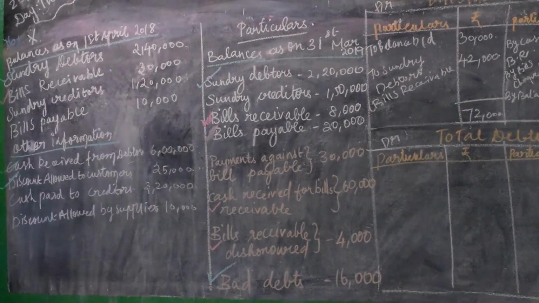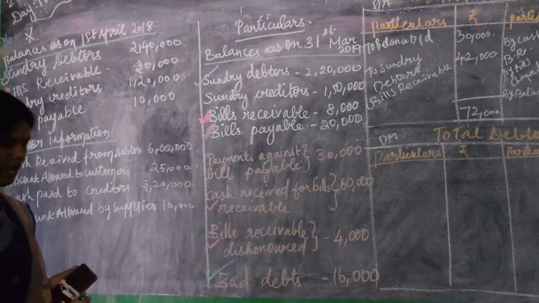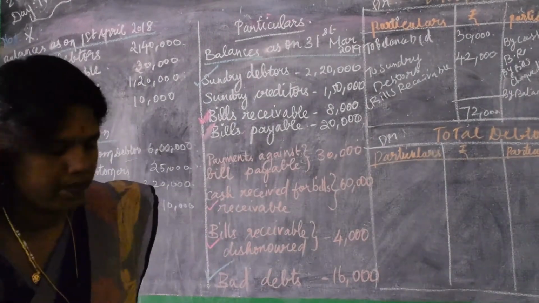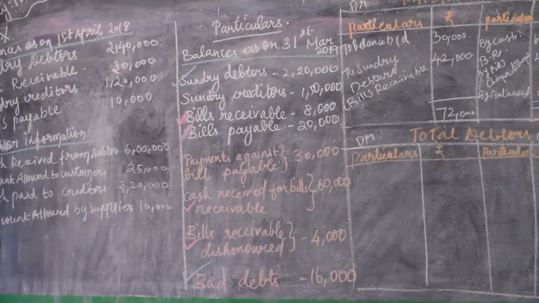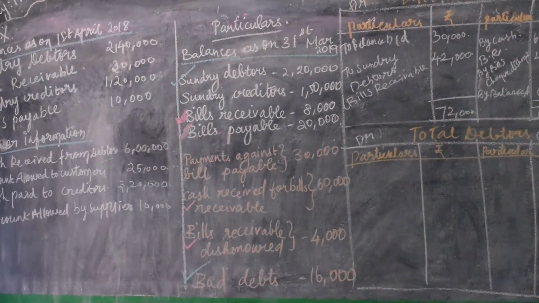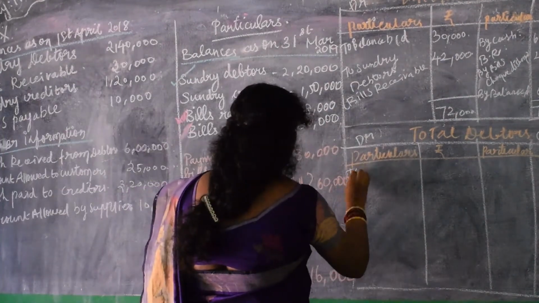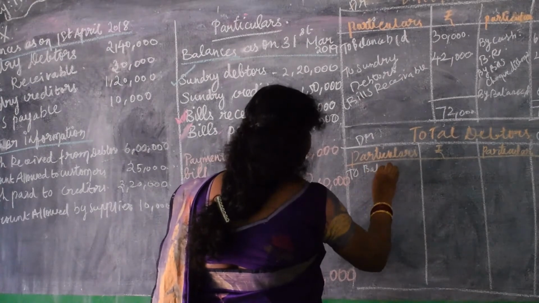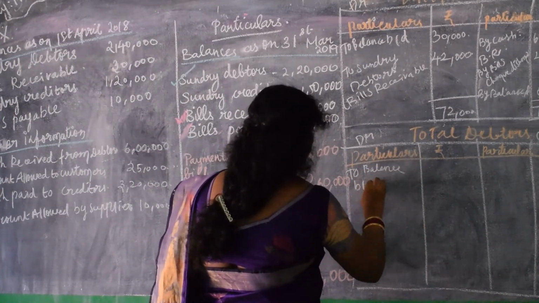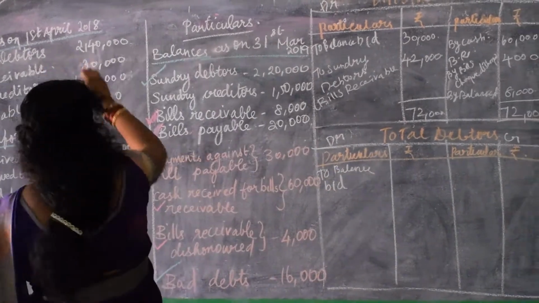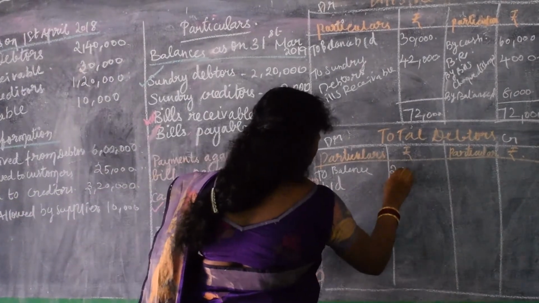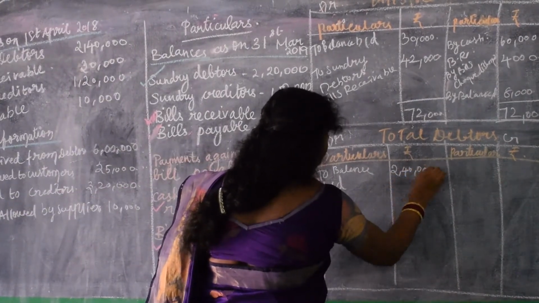Okay, these are the items only we are going to fill out. First you write only what is in green color. Sundry debitors to balance B by D. What is the amount? Slowly you write. Slowly fill the values properly.